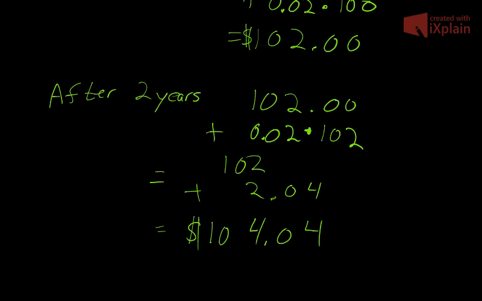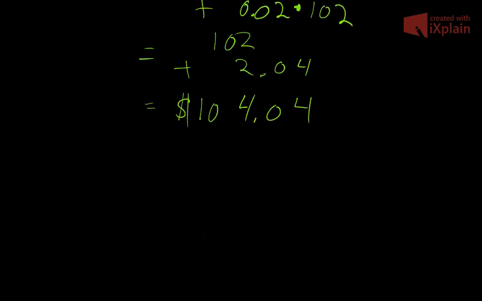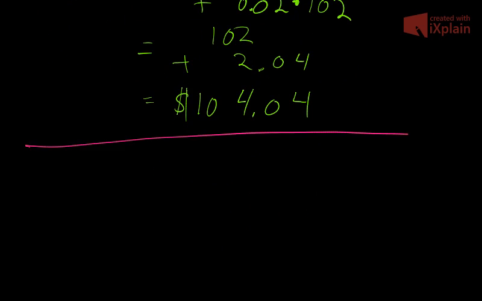But of course, there's always going to be an easier way of doing this. So let me show you the easier way. If we have a percent interest rate, then we can just multiply it by itself. Our growth right there, if we notice, was 1.02. That's our growth.